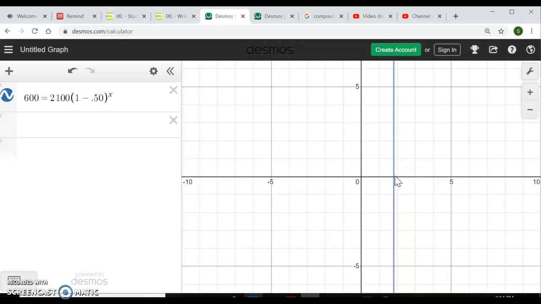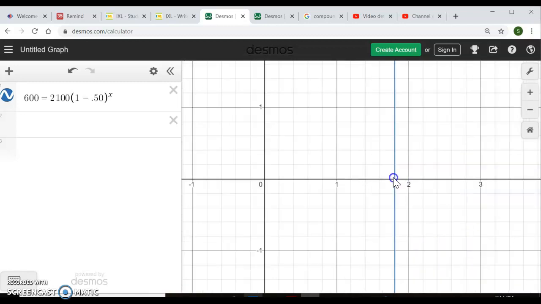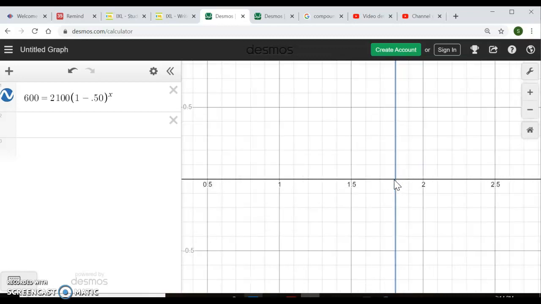As I click on the x-axis, it's a little difficult, but Desmos will allow me to zoom in further and further to find out what the x-intercept is, which is my answer for the value of x. And we see that the value of x falls somewhere between 1.5 and 2.